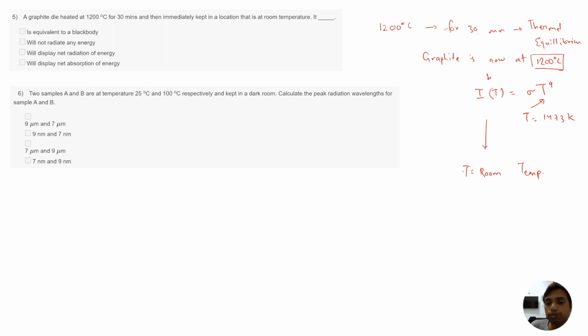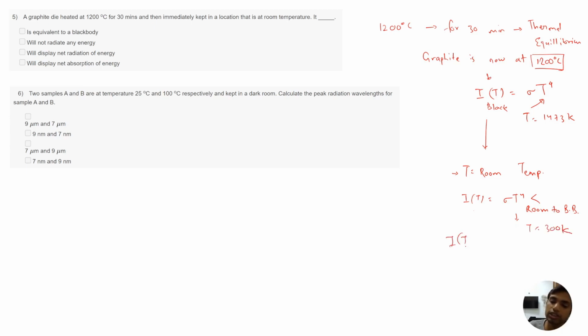And from the room, the fact that the room is at temperature T, it will emit at I of T equal to sigma T to the power 4. The intensity from the room to the black body will be less than the value from the black body to the room. So what would be the room temperature? Room temperature is 300 Kelvin, let's say.